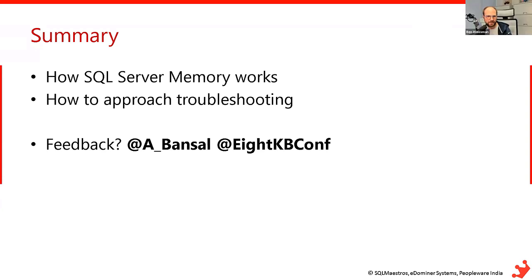Then we have Fabiano. Is all memory reserved for a query allocated when the query is run, or is it reserved and only allocated as needed? For example, you have a query that has a gigabyte of memory grant, but it only uses 10 megabytes. Will SQL Server allocate that gigabyte it's been granted, or only those 10 megabytes? The reservation happens upfront.